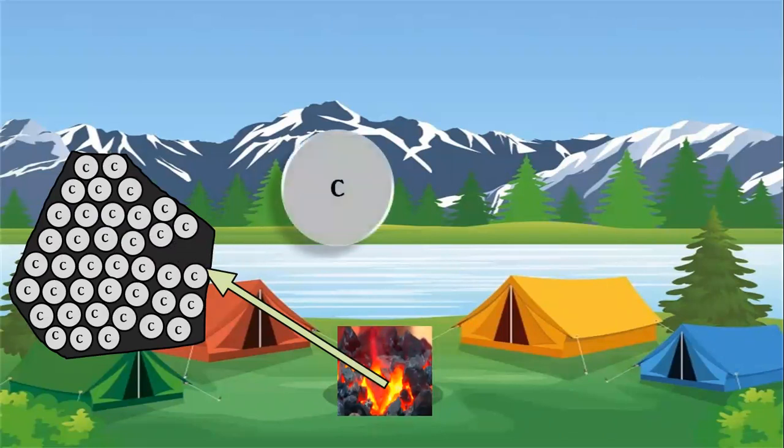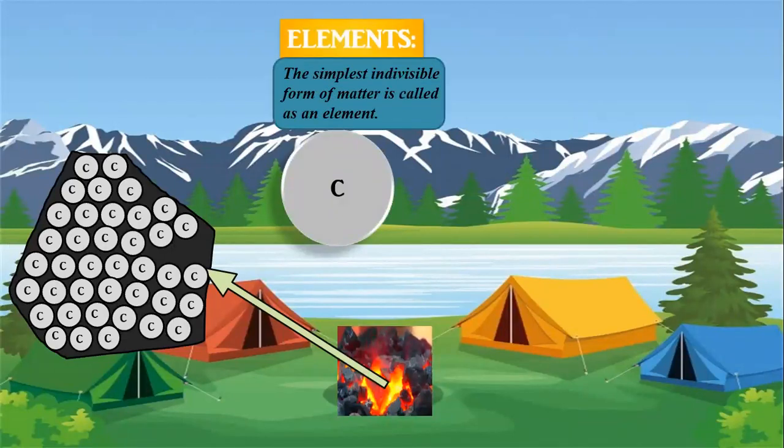The simplest part of coal: when the scientists went on dividing the coal further, at the end they came across these tiny particles which could not be divided further, the simplest form. Such simplest forms of matter which cannot be divided further are called an element. So students, in this coal, carbon is the element present.